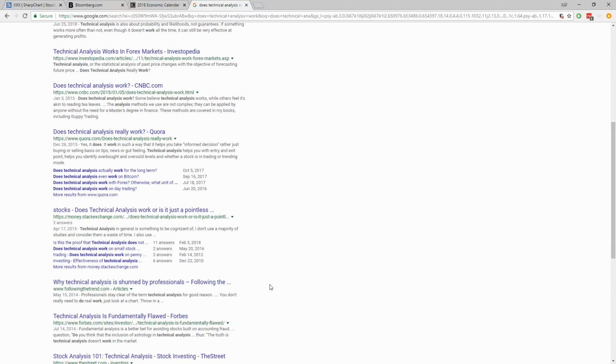It's one of those things where, here, technical analysis is fundamentally flawed, by Forbes, right? They make the analogy of astrology, where they're looking for these chart patterns, cup and handles, and head and shoulders, and flags and pennants, right? Just like we look up into the sky and we can see Taurus, the bull, right?